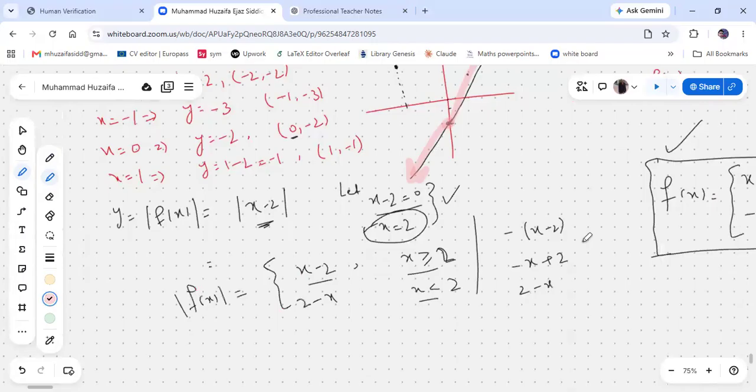That's why we have x greater than or equal to 2 and x less than 2.